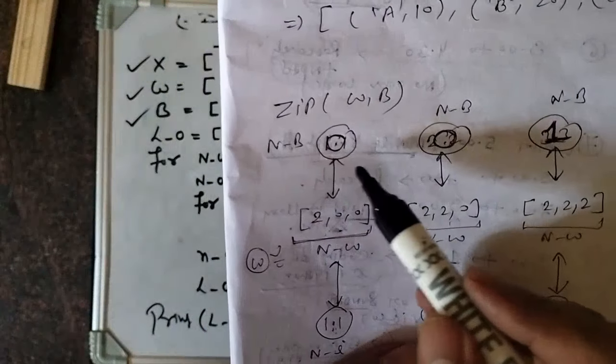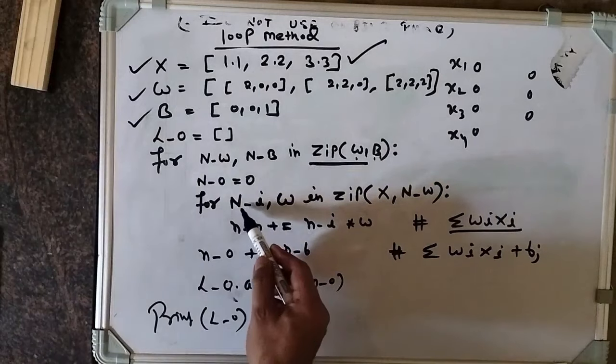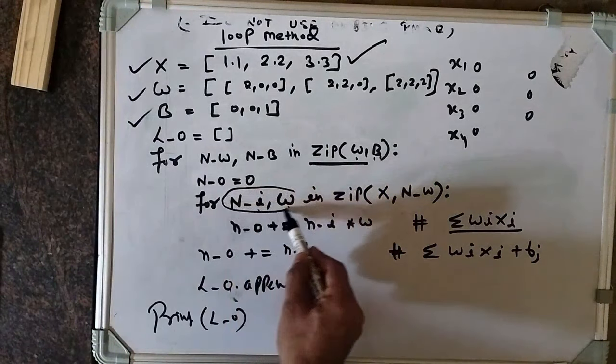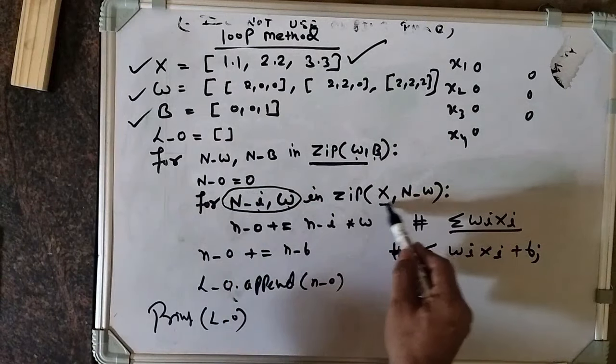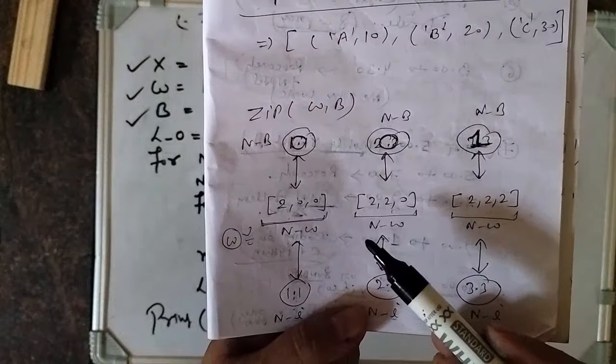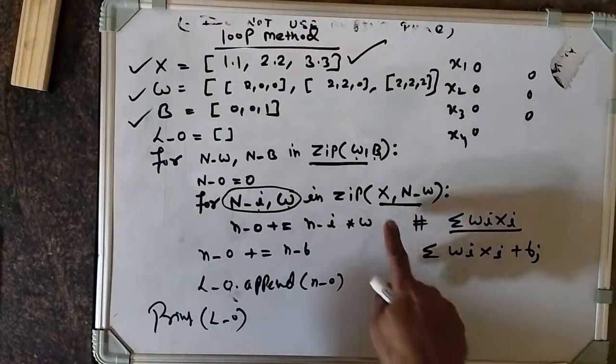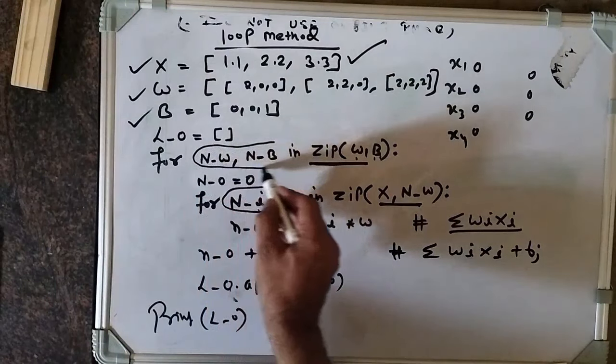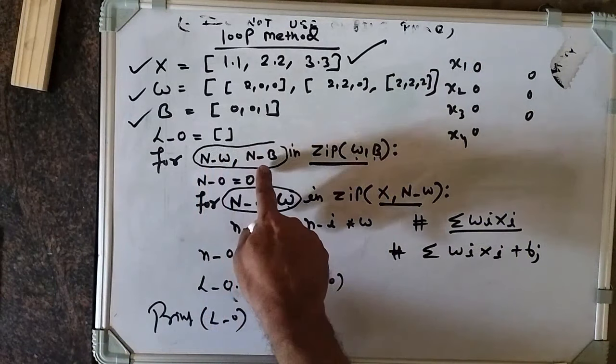Now see what is going on here. So this is what I have written, my neuron input and weight. Okay, I am zipping X and NW. So what is the meaning of X? Sorry, the first one is this, my neuron weight and neuron bias.